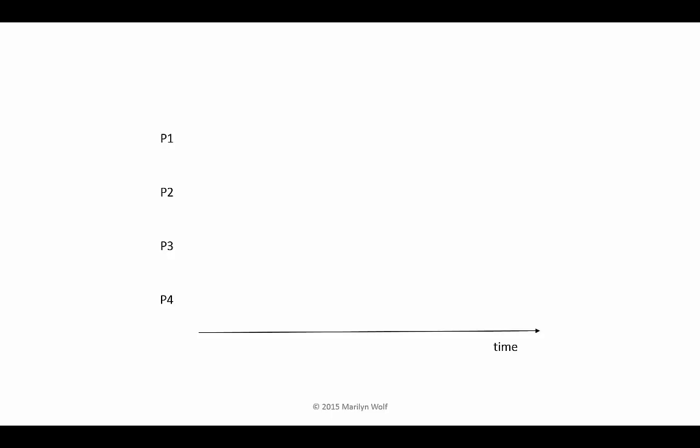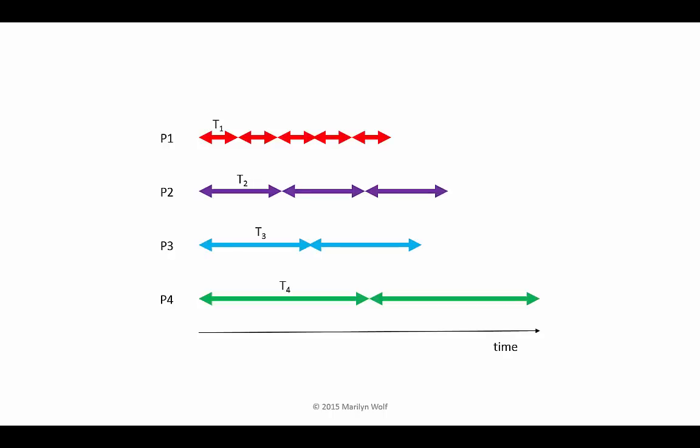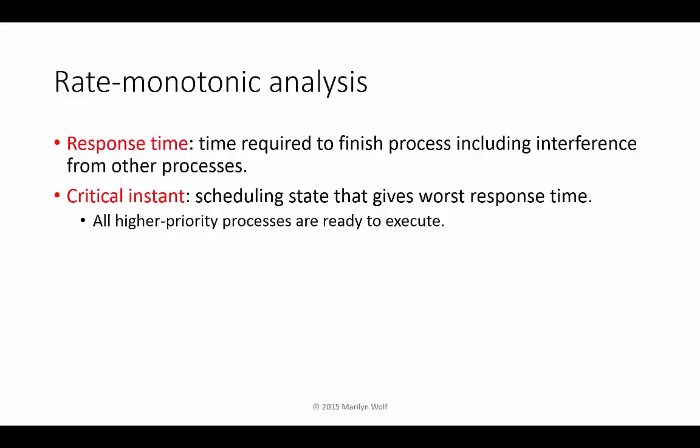So for example, in a simple example, you can have P1 with this period, P2 with this period, P3 with a very different period, and P4 with yet another period. Rate monotonic analysis allows us to determine what priorities should be assigned to the different processes.